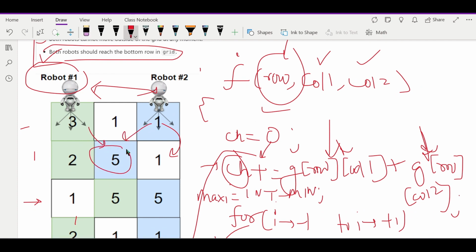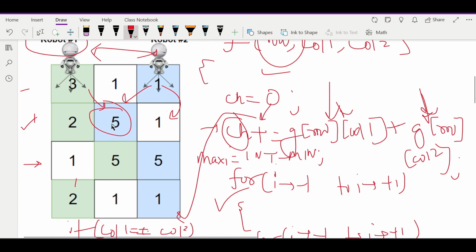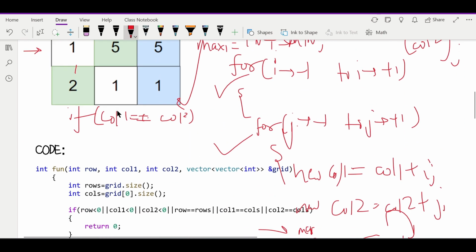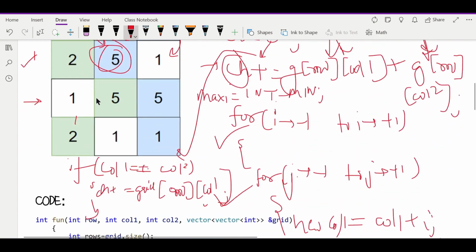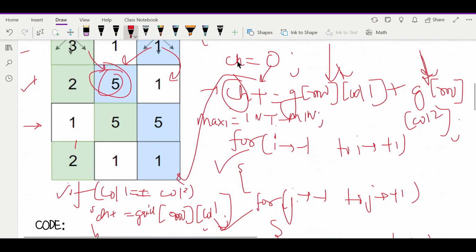If the column becomes the same, as the row is already the same, I can say both the robots are on the same cell. And for the same cell, I just have to take the value of that current cell only once, either column 1 or column 2. Both of them would return the same thing. So this case I have to add.